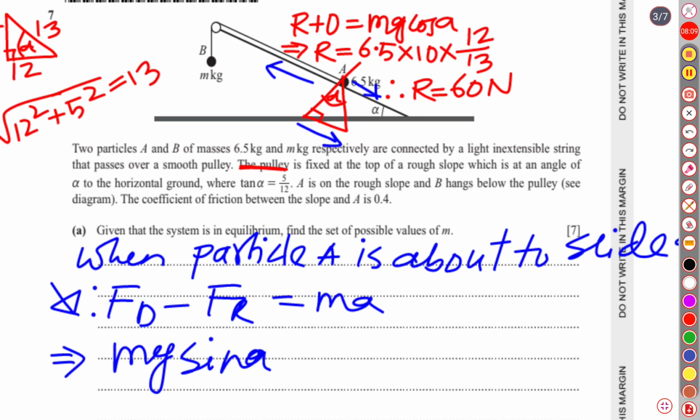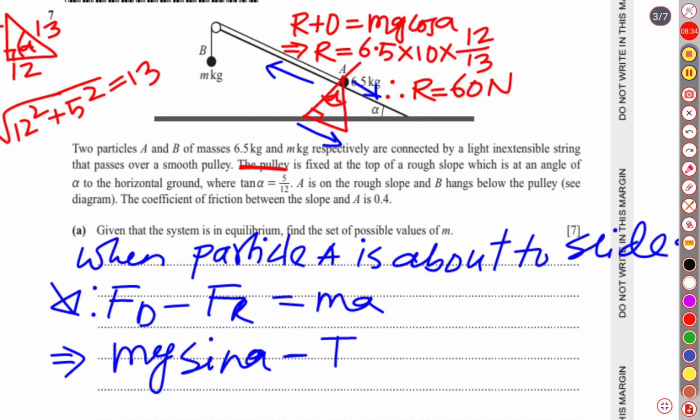Then the rest of the forces, look at this. The particle was about to slide down, and only weight is trying to slide the particle down, but the rest of the forces are causing resistance to motion. So what are the rest of the forces? Number one is tension. There is a tension in the string, which is a negative or opposite force.